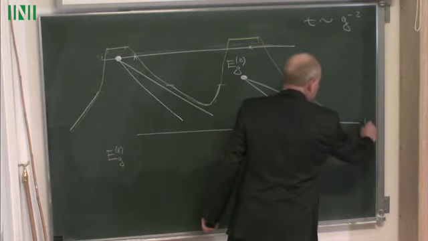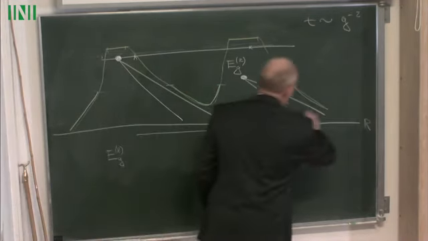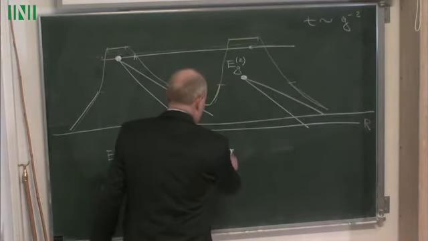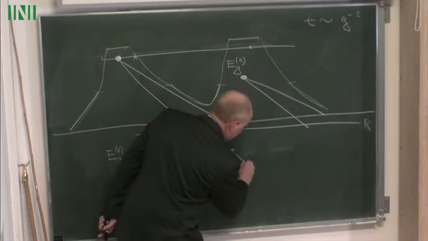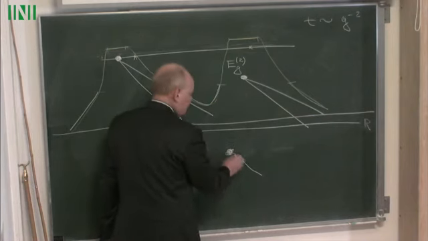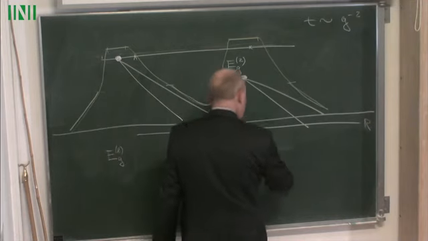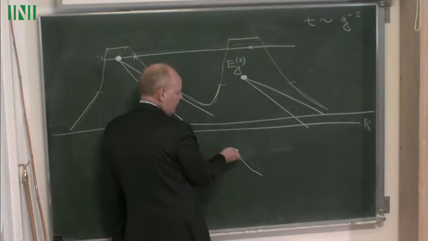Here's the real axis again. It's not related to the picture above here. So here's the resonance eigenvalue, and then there is a function which is asymptotically equal to a straight line with an angle theta.